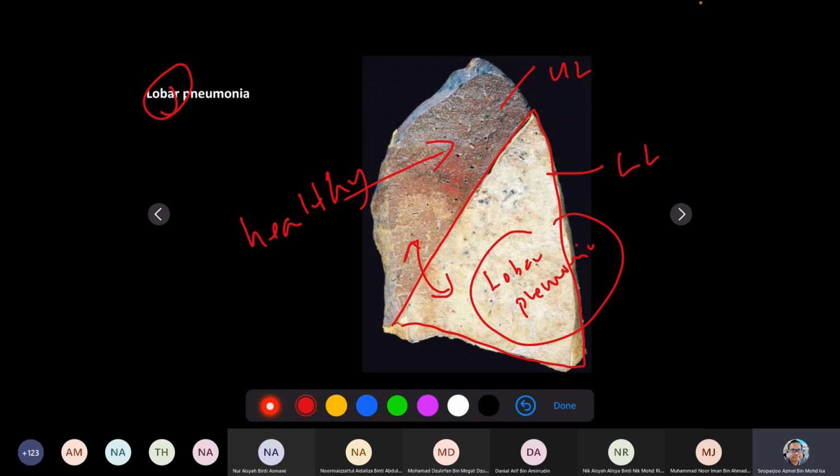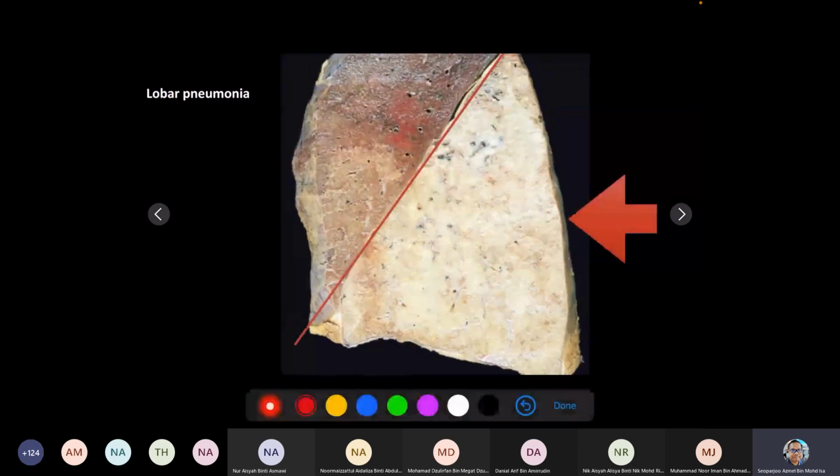This is what makes the color turn a bit yellowish or whitish. I will show you the histology afterwards, and it will help explain why this lung happens to be a bit whitish or tan or yellowish in color. So this again is the close up. This is the involved lung.